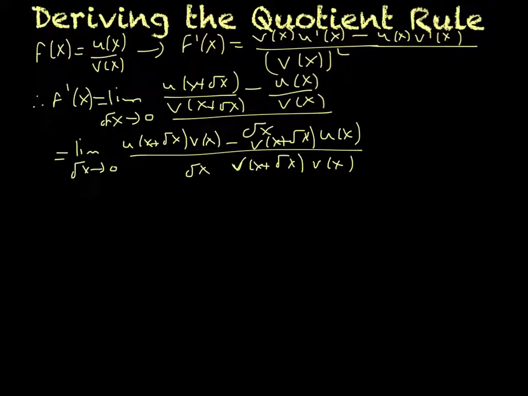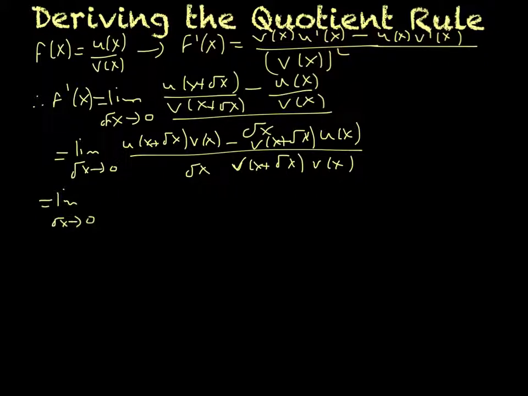Now, same trick as before. It doesn't really look like what I need, except notice I have a v of x and a v of x plus delta x here. So when delta x snaps to 0, we're going to end up with that lovely v squared, which is what we wanted.